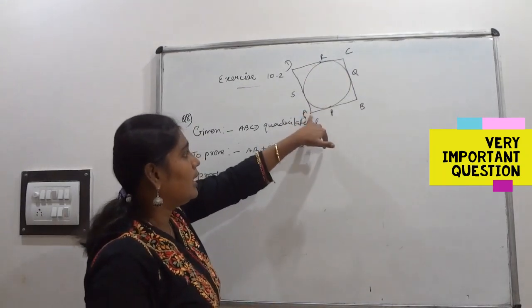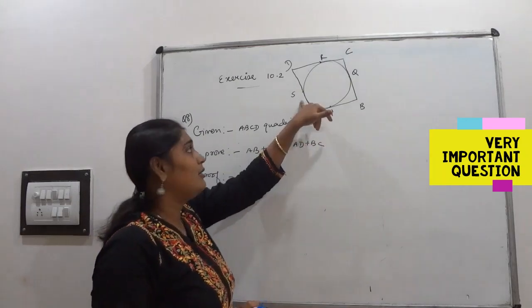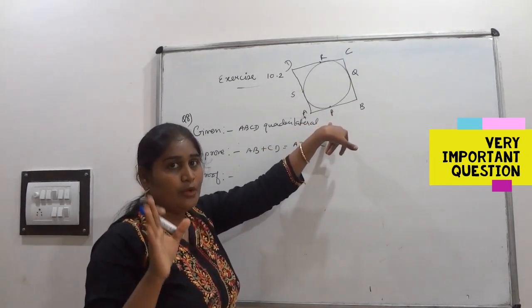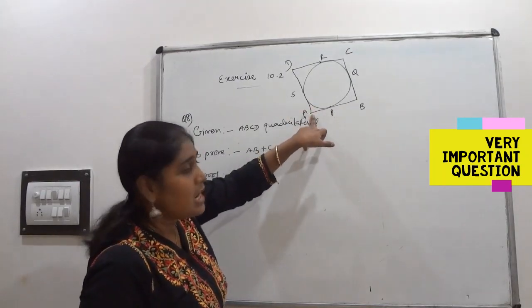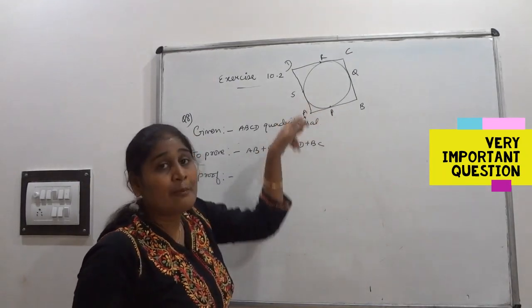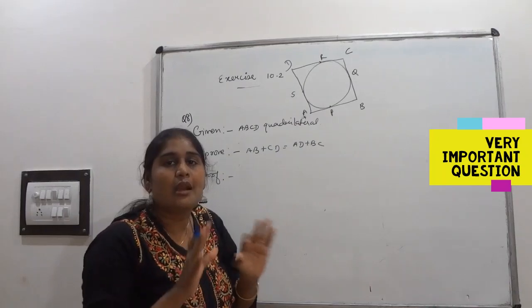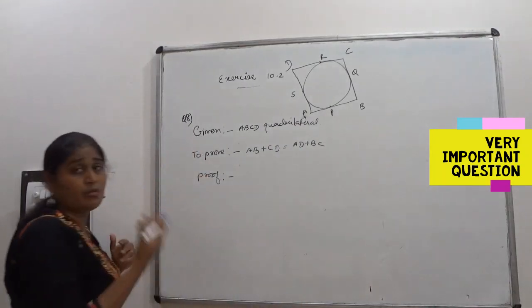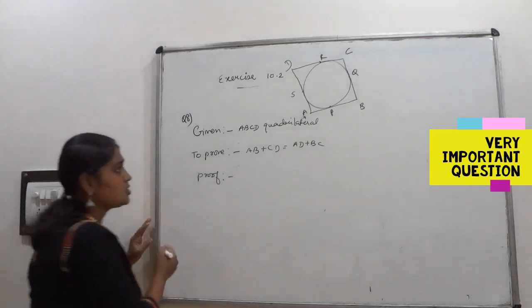You know that external point and the tangent relationship in theorem 10.2. What is that? The lengths of the tangents from an external point to a circle are equal. You have seen that. Do you remember? That theorem only we are going to apply here. So check it.